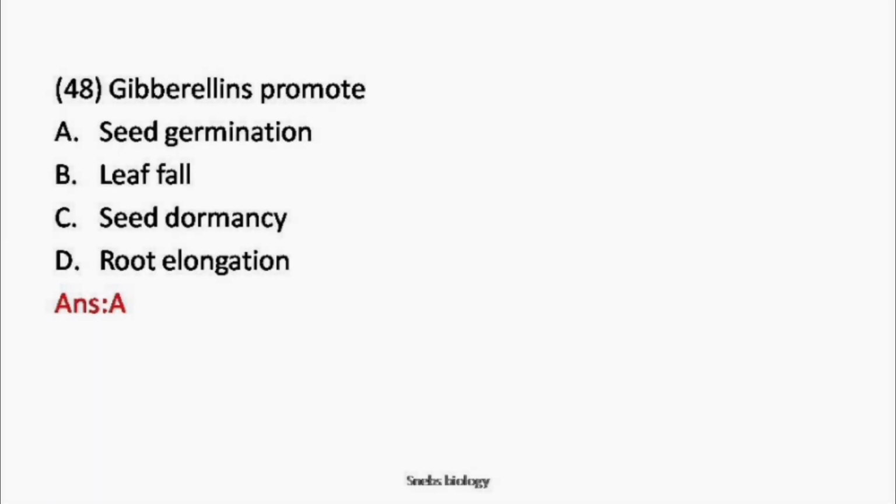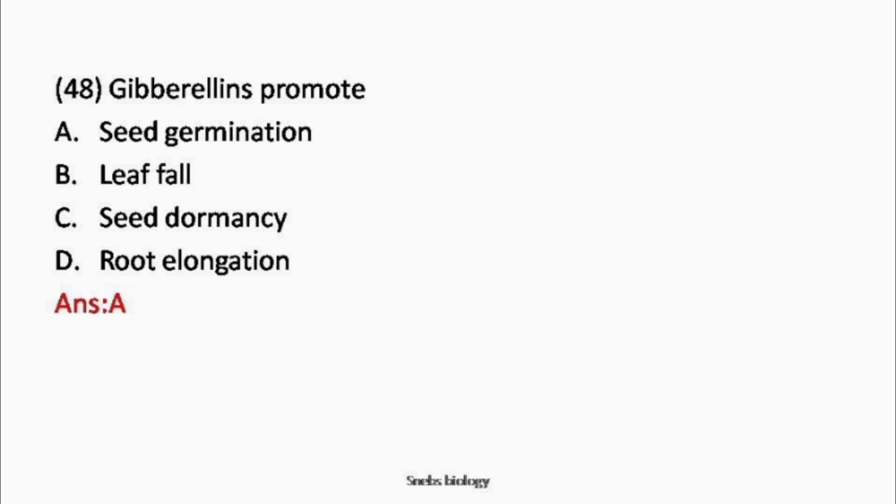Next is gibberellin promotes option A, seed germination, option B, leaf fall, option C, seed dormancy, and option D, root elongation. So gibberellin is a plant hormone which is involved in various physiological processes of plants.